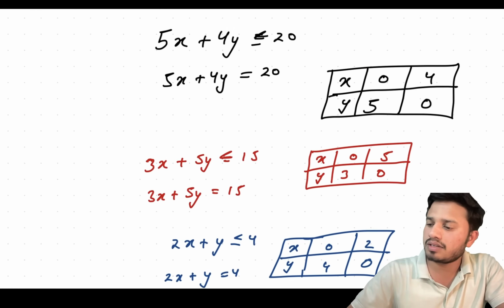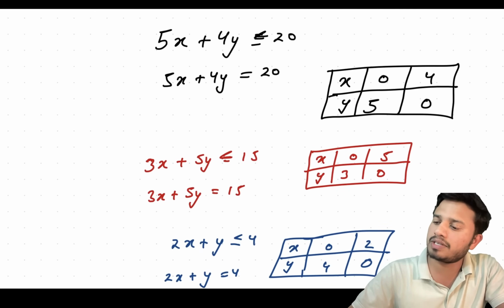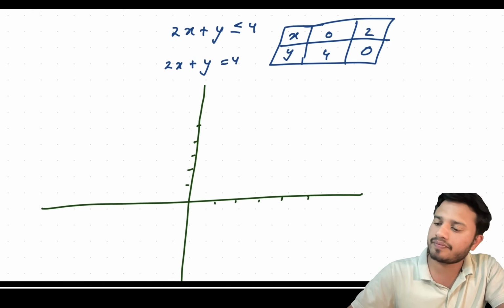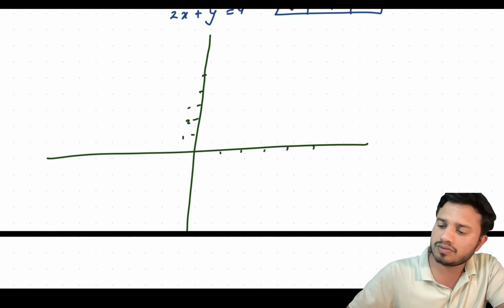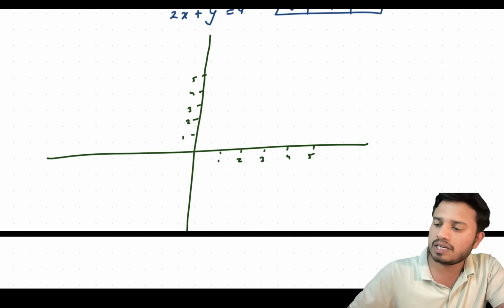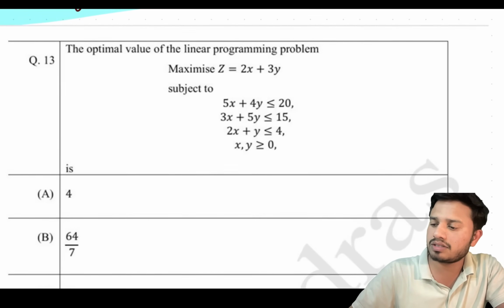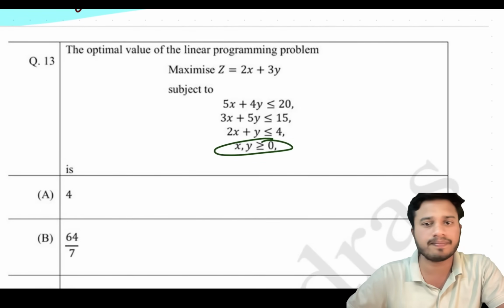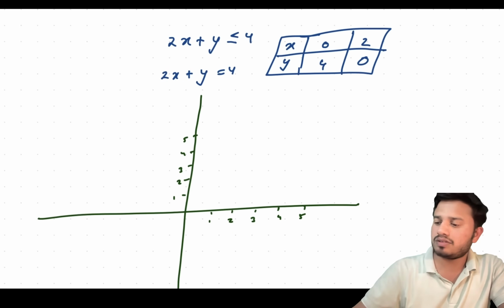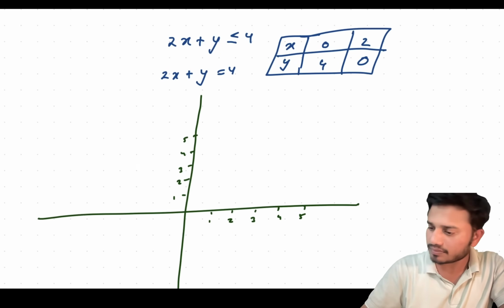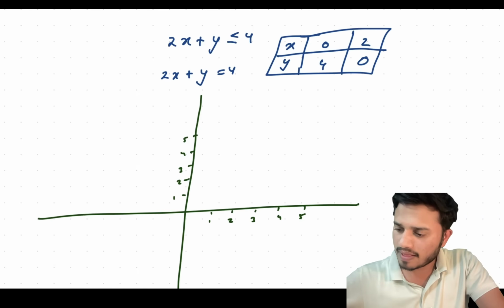The first line we have is 4 comma 0 and 0 comma 5. The last constraint is telling us we have to take just the first quadrant. The first line will be from 5 to, our first line.